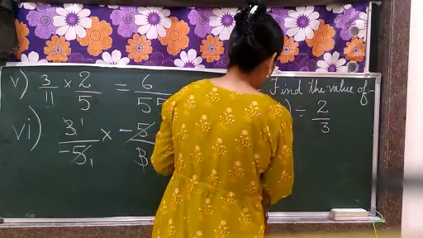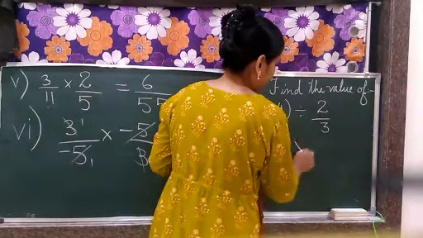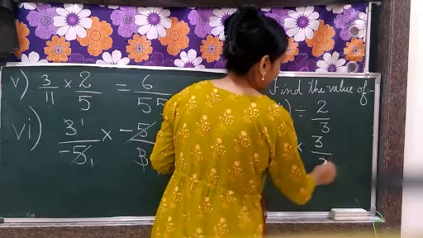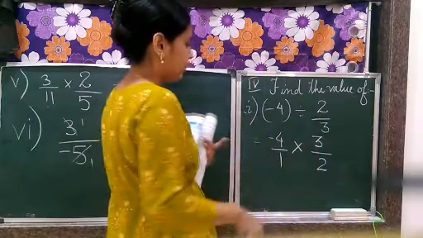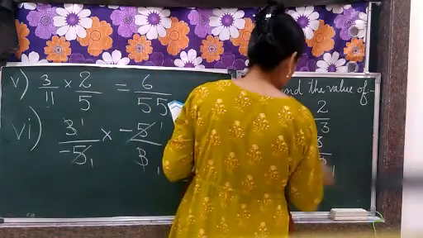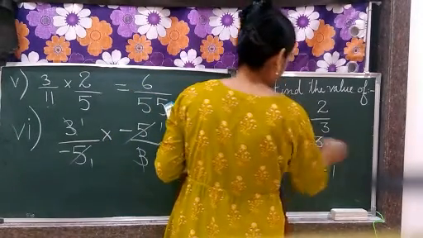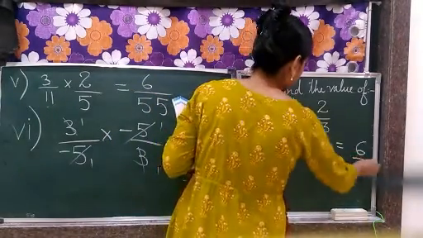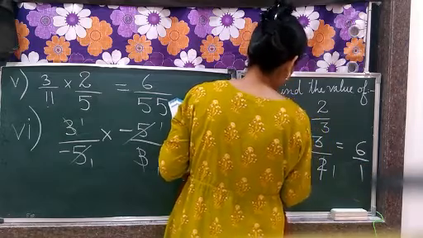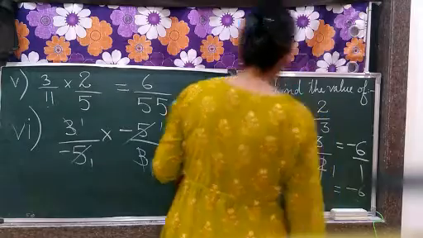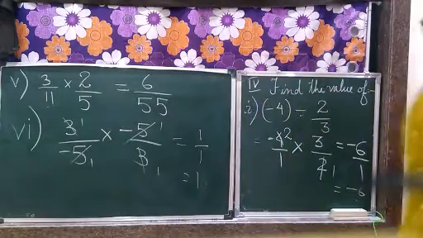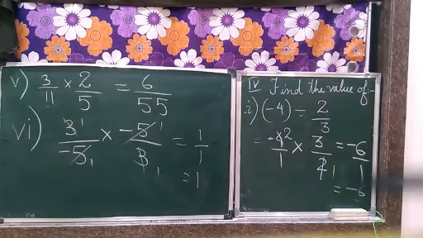So let's do that. This is minus 4 by 1 into 3 by 2. Reciprocal of 2 by 3 is 3 by 2. Now you can see 4 and 2 can get cancelled. So 2 ones are 2, 2 twos are 4, 2 threes are 6 upon 1 and minus sign is there. So answer is minus 6. Okay, so this completes the first one.